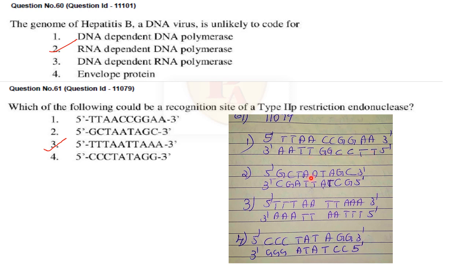So that is not palindromic. Similarly, 2 is also not palindromic. But 3, if you see, TTAA, this way also TTAA. So 3 is palindromic. So that will be recognized by the type 2 restriction endonuclease. So the answer here is option 3.